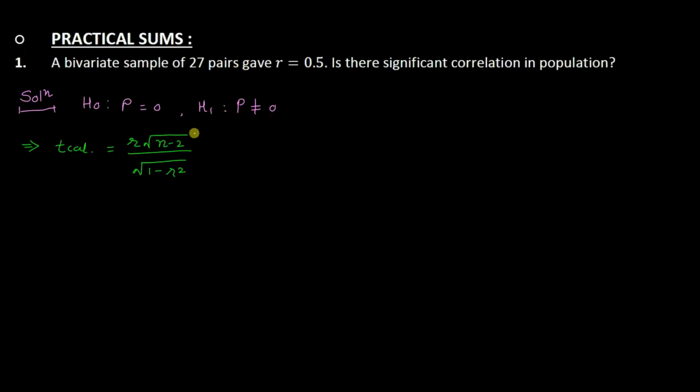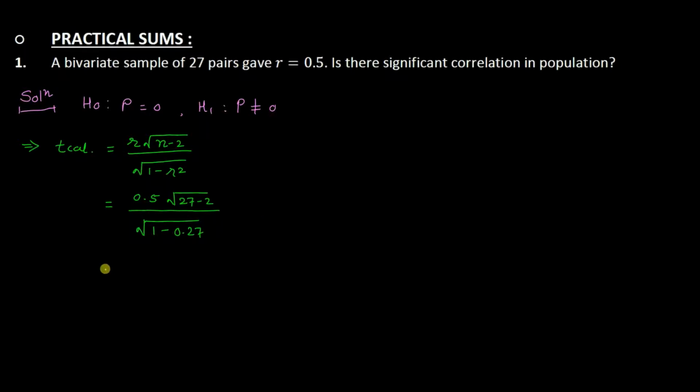Substitute the values of n and r. r is given by 0.5 into under root of 27 minus 2, divided by under root of 1 minus r square, 0.5 square is 0.25.